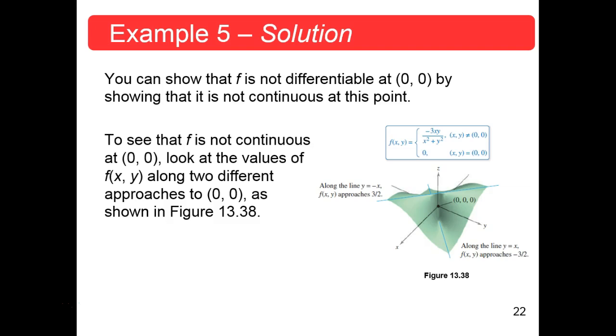Coming in this way, partial of f with respect to x is 0. Partial of f with respect to y is 0. Everything seems to be 0 there, except the values don't ever touch each other. They're skew lines that have the same slope. And that's the only thing I can figure.